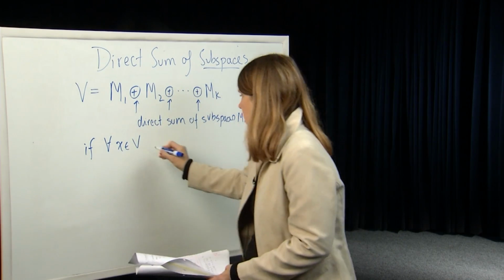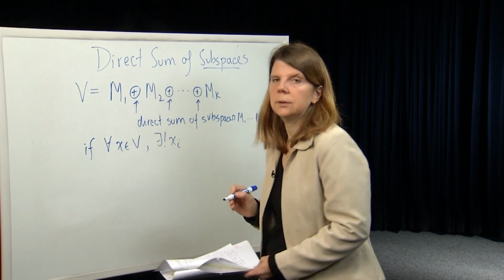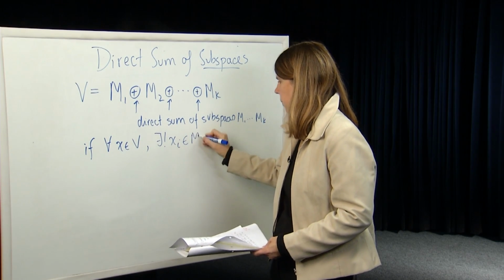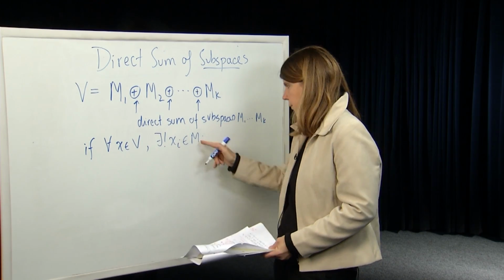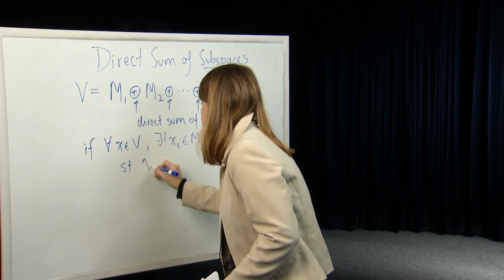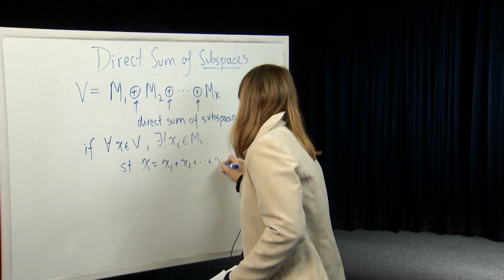So that means that there exist unique vectors xi, and each of the xi's belongs to Mi for i equals 1 up to k, such that x is equal to x1 plus x2 plus up to xk.